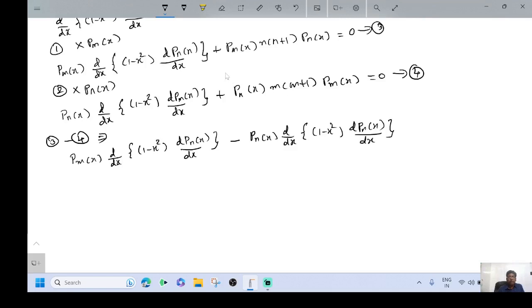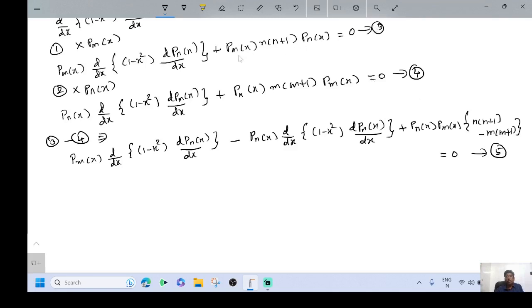Just this term minus this term. Then plus Pn of x Pm of x into [n into (n plus 1) minus m into (m plus 1)] equal to 0. This is equation 5. We have subtracted this term from this.